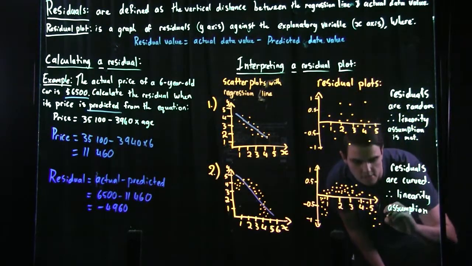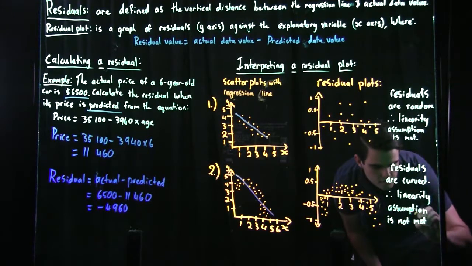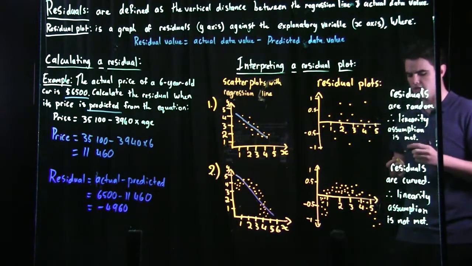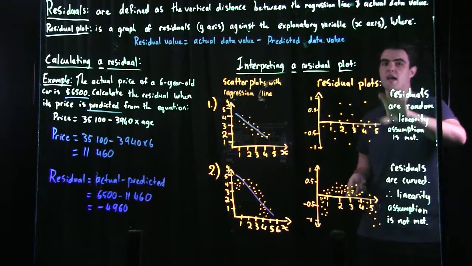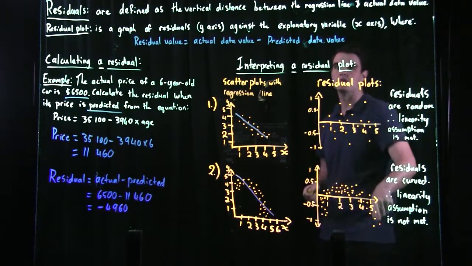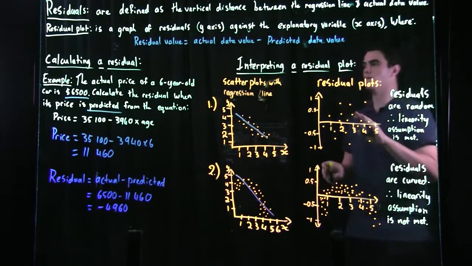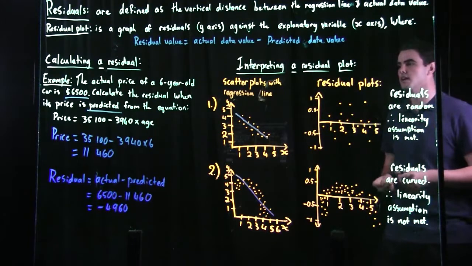Okay, so the linear assumption is not met. Okay, so this is just nice and easy. We're just looking at when they're random, they are linear, and we can see that by the two. When we look at one that's got a clear curve, well, no, they're not linear. Okay, so that's all a nice quick one just to go through the basics of this.